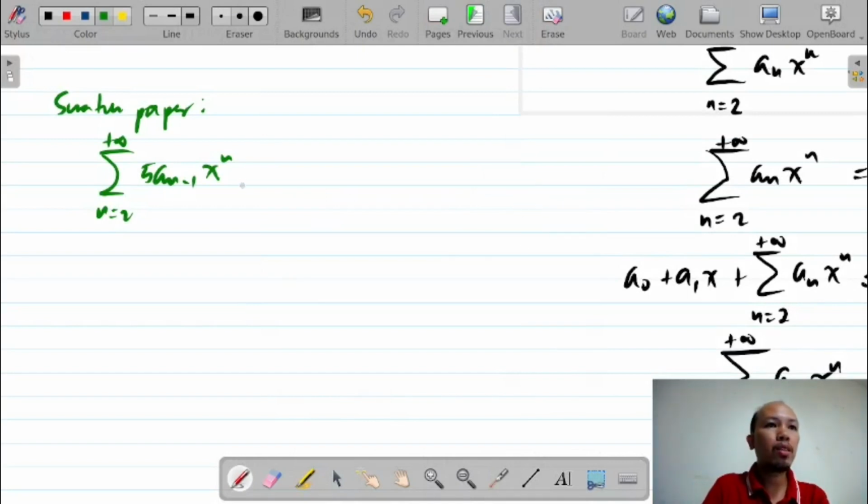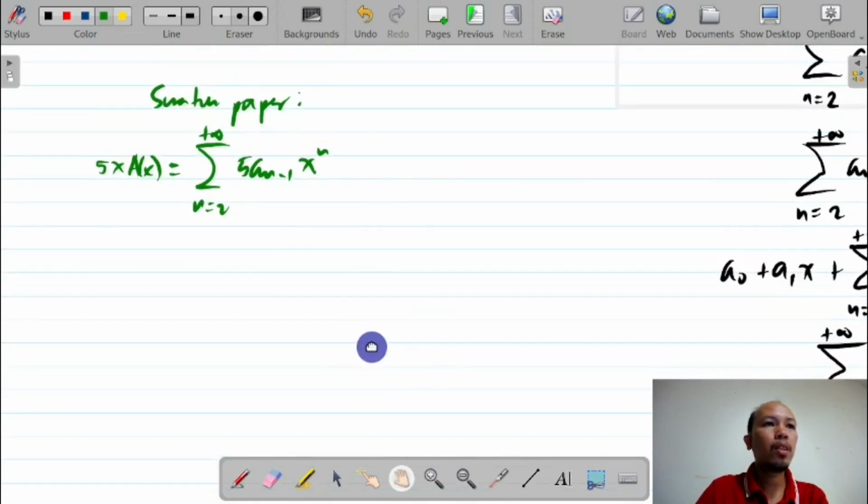If you expand this one, this is equal to 5x A of x.